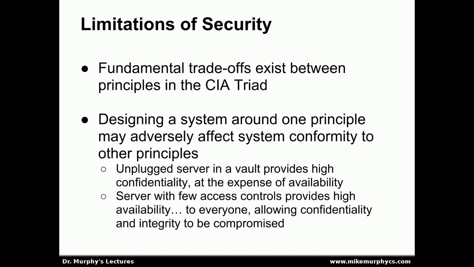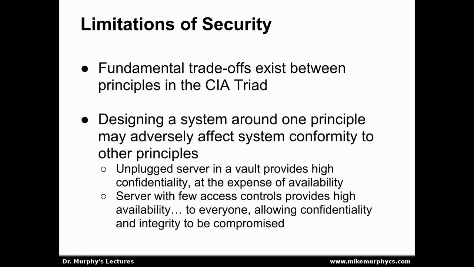Similarly, there are trade-offs between the principles in the CIA triad. If one designs a system and focuses on only one of the principles in the CIA triad, that system may not conform very well to the other principles. For example, a great way to secure a database system in terms of confidentiality is to unplug that system and store it in a vault somewhere in a bank where it can be physically secured.